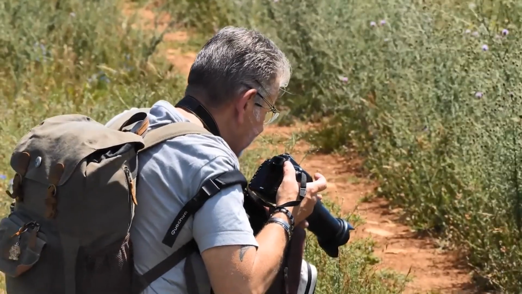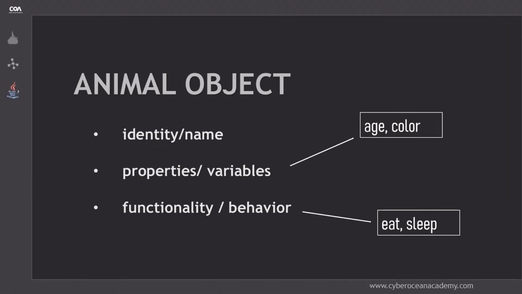A good example can be an animal object, okay, with several properties like movement, sound, diet, lifespan, etc. They perform certain functions like eating, wagging the tail. So the objects have three things. First is identity or name, and second thing is properties or variables.